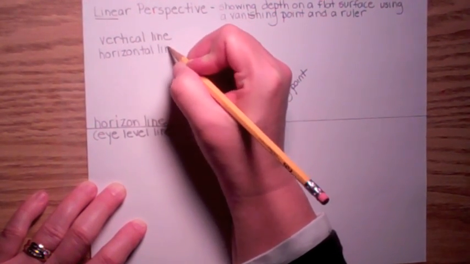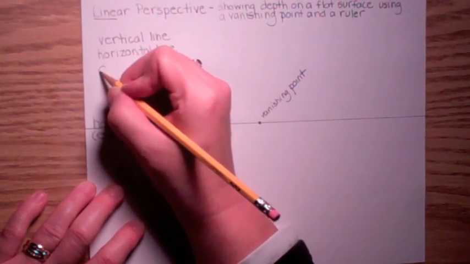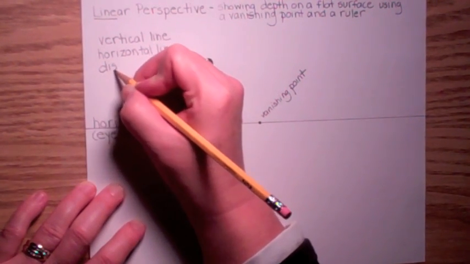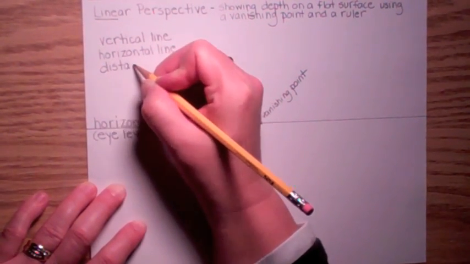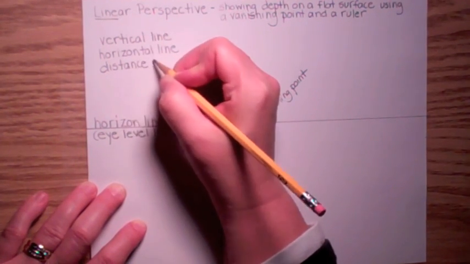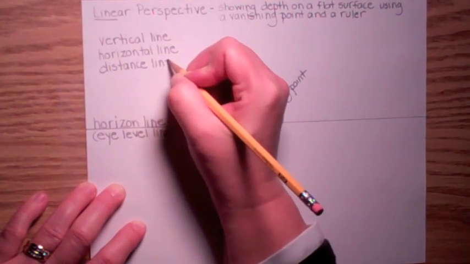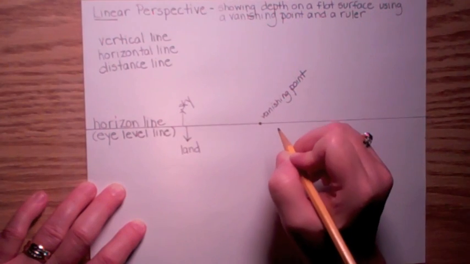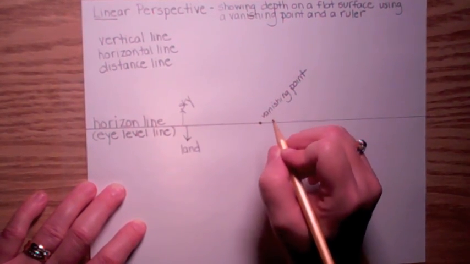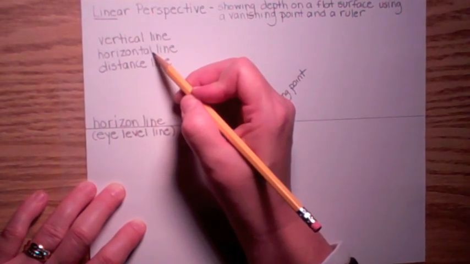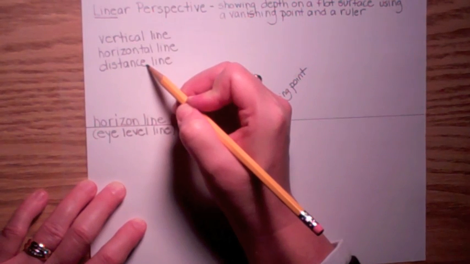And the third type of line is a distance line. So when you're drawing in one-point perspective, your ruler can only go three ways: vertically, horizontally, or to the vanishing point.